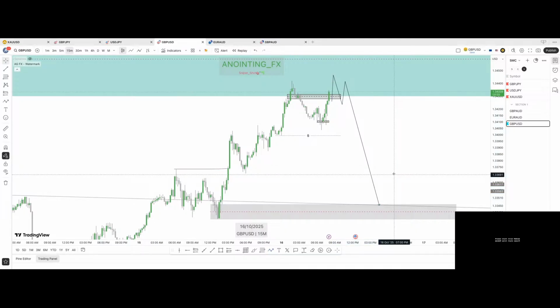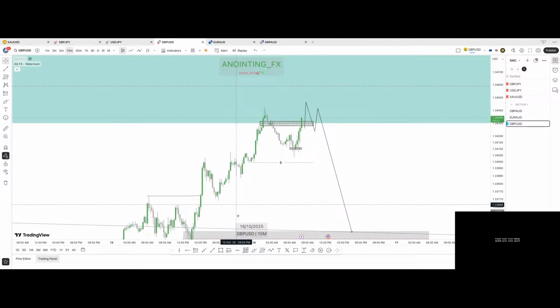So this is another scenario too. Price can break structure to the upside, giving you a stop hunt, and that will be better off than this entry you're getting. So that's that for GBP USD.